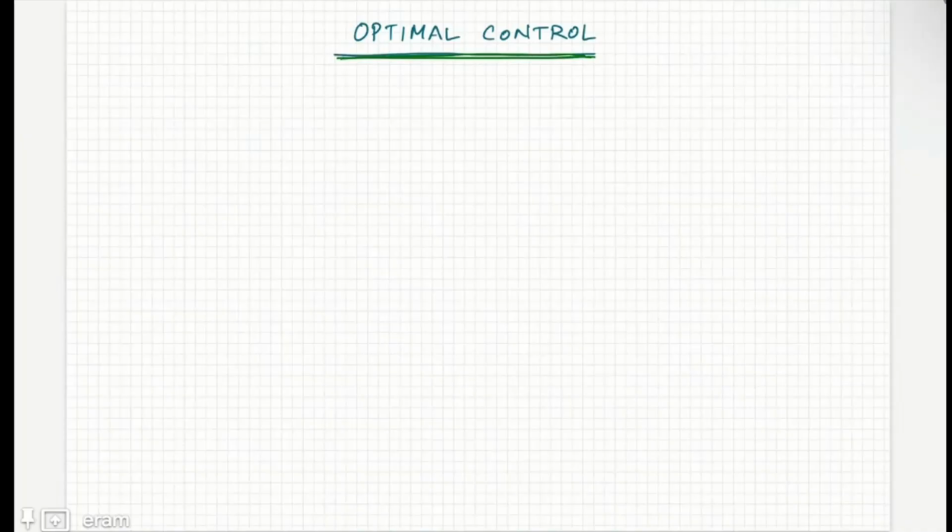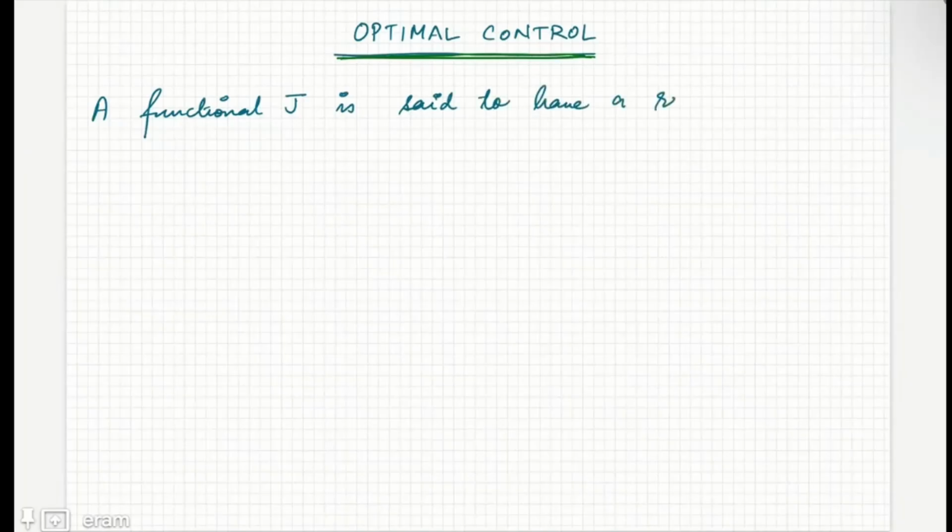For that there is one logical definition. A functional J, which is nothing but the cost function that we generally use in designing the optimal control, is said to have a relative optimum at x star.